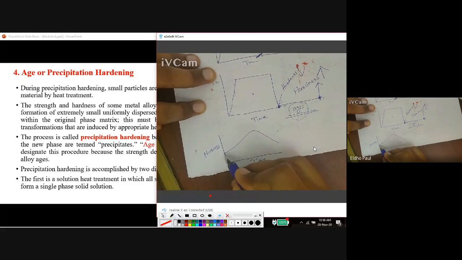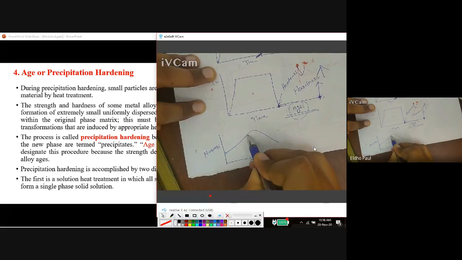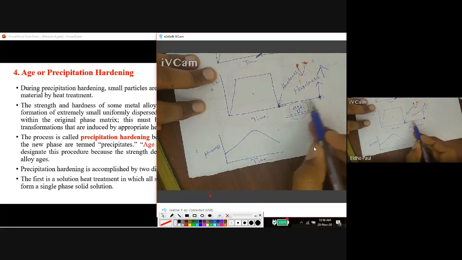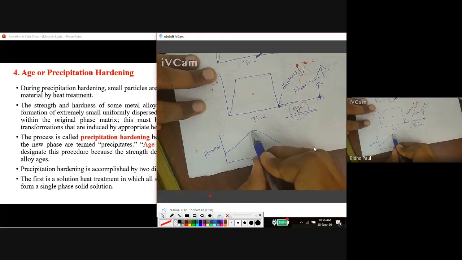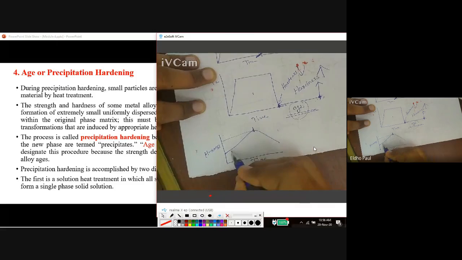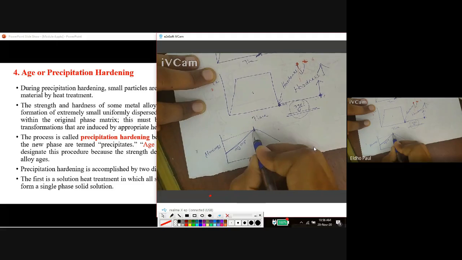That means the hardness increases with aging. At a point, called the peak point of hardness, up to this point hardness increases with age. This is the aging line.